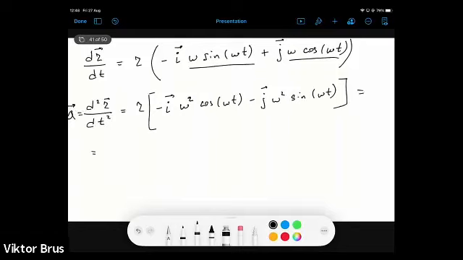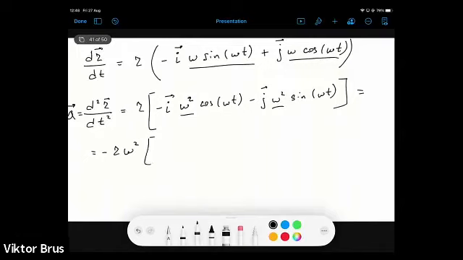So let us see what we can do here. Let us take out of parentheses omega square and this minus. So it will be minus r times omega square.